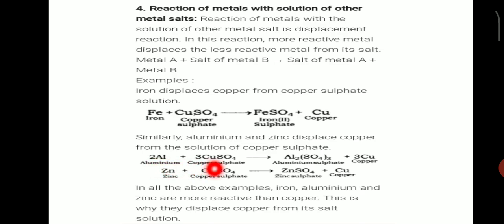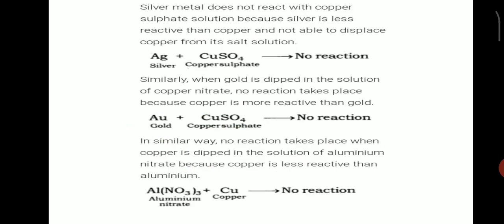Zinc, when it reacts with copper sulfate, gives the same reaction, because copper is less reactive than zinc. So zinc can displace copper from copper sulfate solution. In all the above examples, iron, aluminum and zinc are more reactive than copper. That's why copper is displaced from copper sulfate solution.